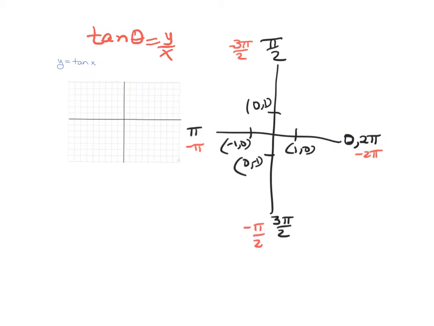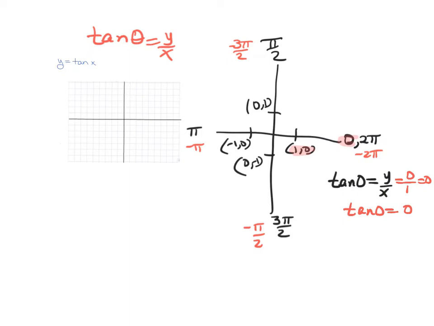So if I said to find the tangent of 0 degrees, again, it's y over x. 0 degrees is going to use this order pair. So y over x is 0 over 1, and I get 0. So the tangent of 0 equals 0. This is going to be our important first point that we're always going to put on our graph.